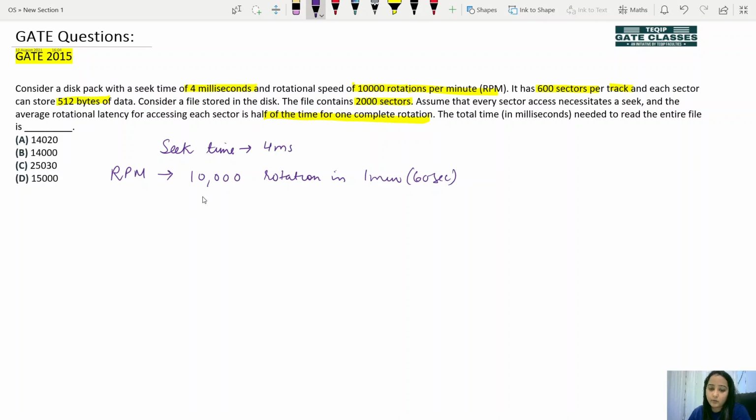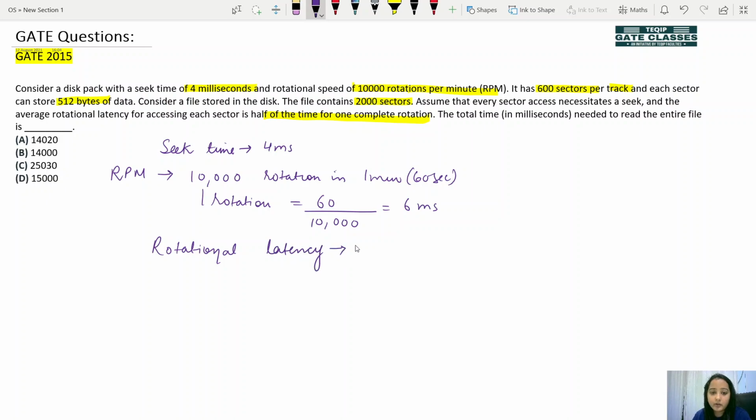So one rotation time will be equal to 60 divided by 10,000. It will come out to be 6 milliseconds. So this is the rotation time. Rotational latency we have calculated from here. How much will it be? Half of this, 6 by 2. It will be 3 milliseconds simply.